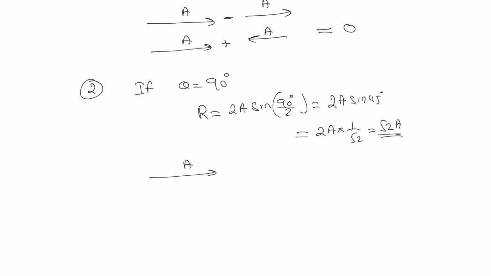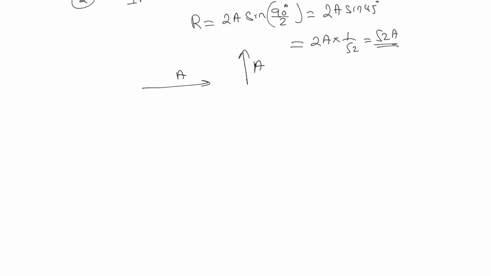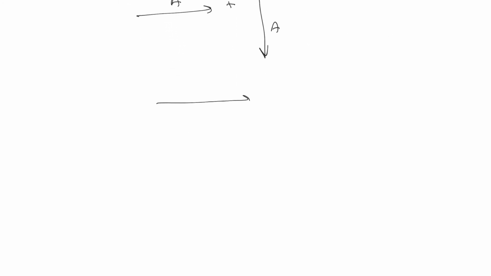The two vectors make an angle of 90 degrees, but we are to find a vector minus a vector, so we go for a vector plus the negative of a vector. Adding these two vectors gives the resultant vector, and according to the Pythagoras theorem, its magnitude is the square root of a squared plus a squared, that is root of 2a squared, or root 2 into a.